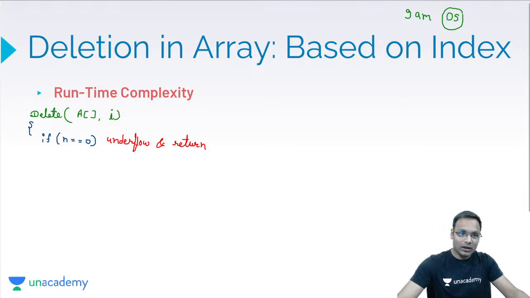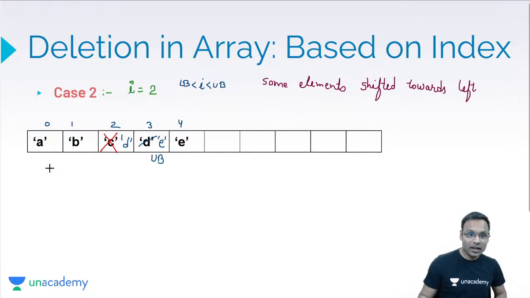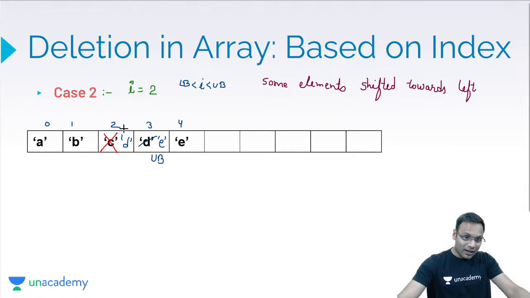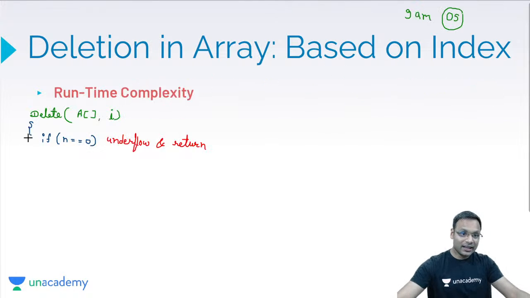If it's not underflow, then we are going to shift the elements. Look at how the shifting will happen. We will start from index I. The element at index I is to be deleted, so at index I the I plus 1 element comes. So we write a loop: for k equal to I, k less than upper bound, k plus plus.